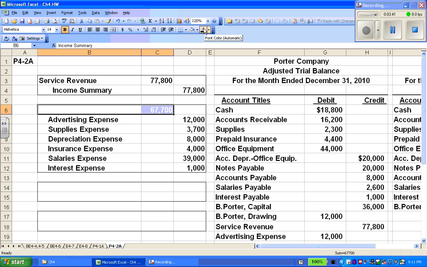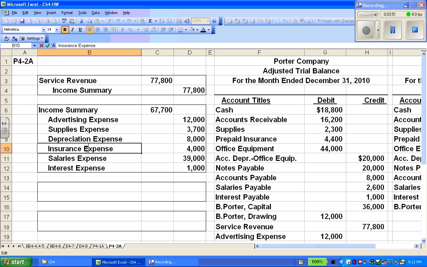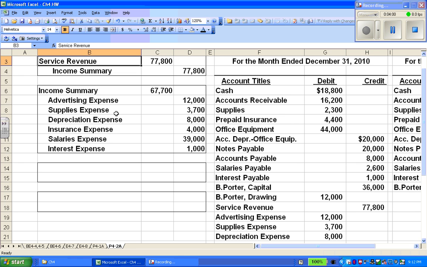Because remember, every transaction has a debit and at least one credit, or vice versa, right? The first one that we made here is a simple entry. This one is a compound journal entry because we have a bunch of credits and then this one debit. But regardless of that, my debits and credits will balance for that transaction. All right, remember all those rules. Okay, so that's my second entry, closing out my expense accounts.